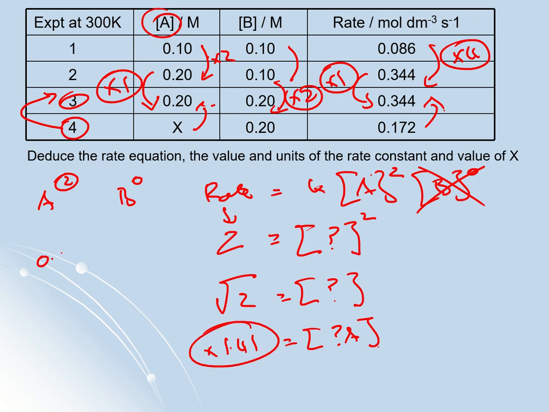So therefore 0.2 divided by 1.41 gives me 0.141. So my concentration of A at the end is 0.1412. I should probably write 0.14 because everything else in that table is to 2 sig fig.